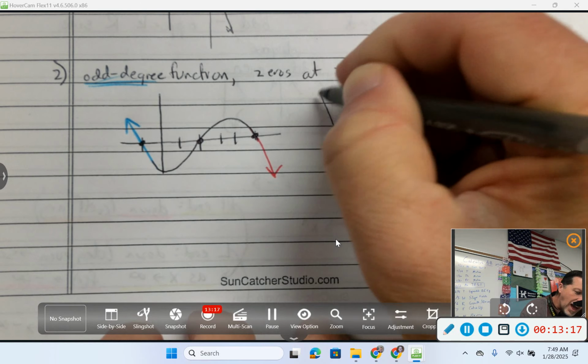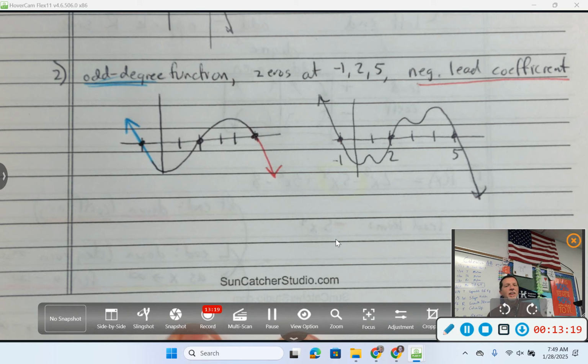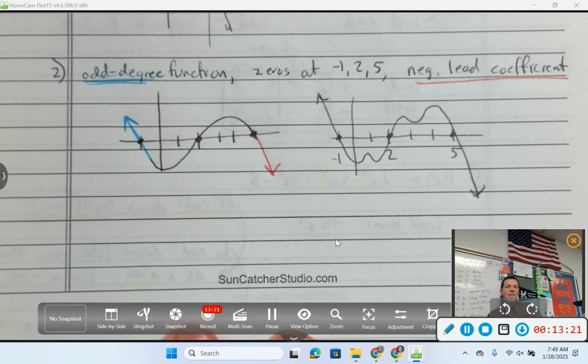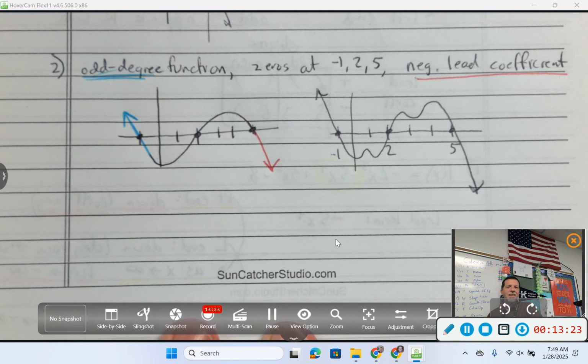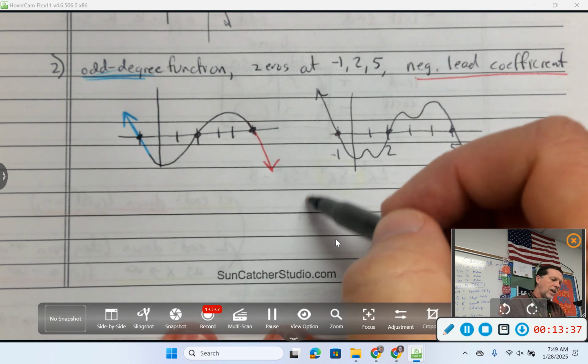So something like that. That would be a little bit crazier. Or unless you did a bump where -1 was the vertex. Could that work? I don't think that would work because you'd have to have it going down the wrong way.